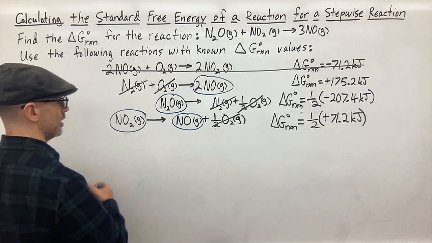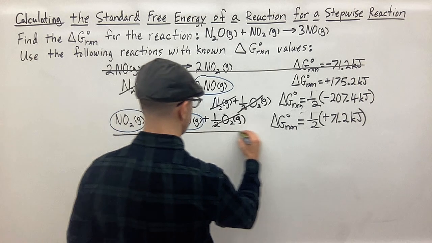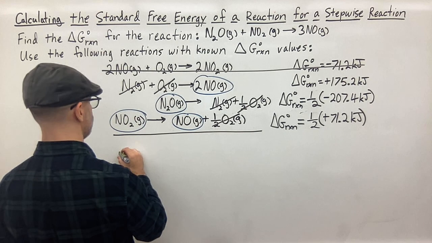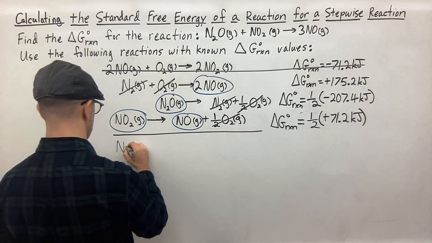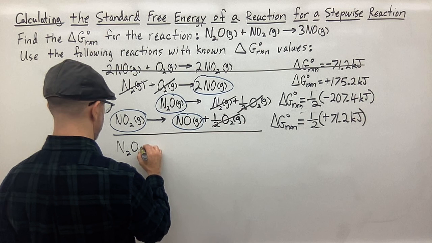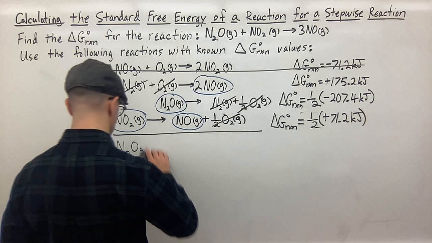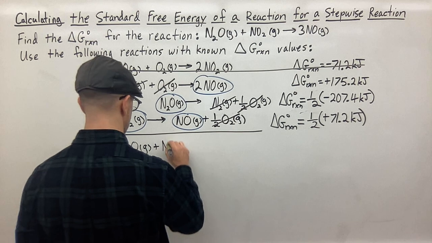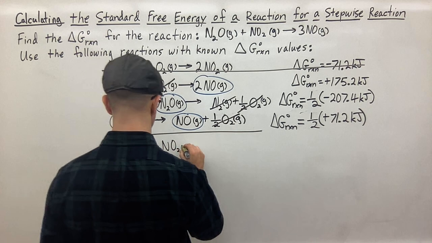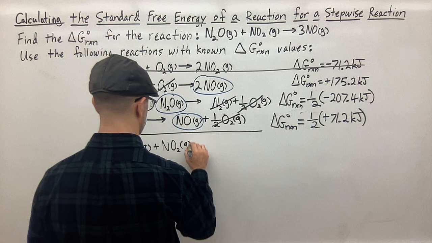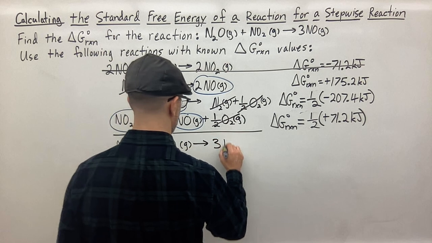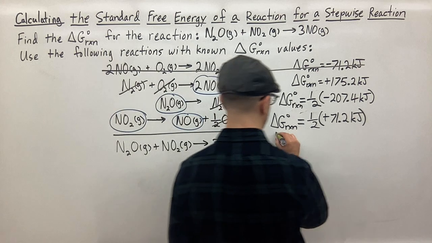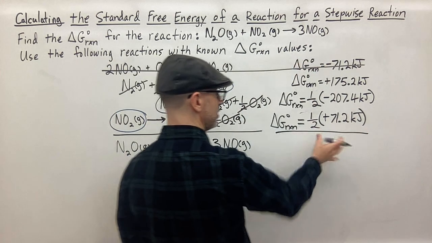Now I can add these together, and I get my target equation. N2O gas plus NO2 gas gives me 3 NO gas. In order to get the delta G, all I do is add these together.